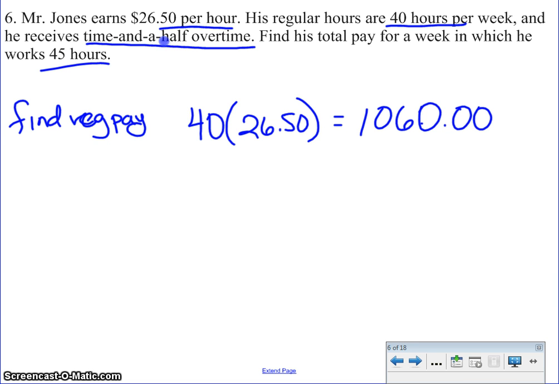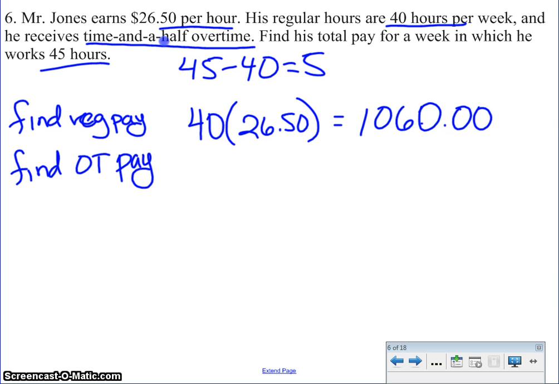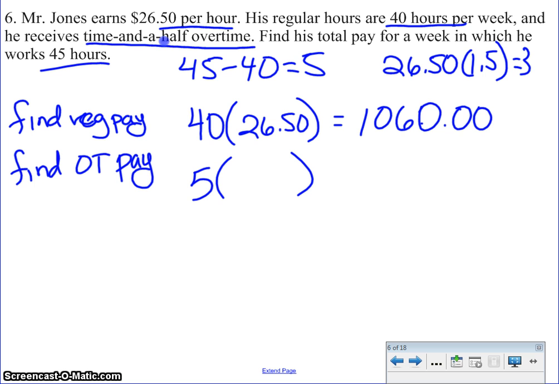Next, we see that he worked 45 hours, so now we have to find his overtime pay. Well, we've already accounted for 40 hours, so 45 hours that he worked minus the 40 we've already accounted for. We're looking at 5 hours at whatever the overtime rate is. To get the overtime rate, we're going to take the regular rate, which is $26.50. And again, it says he receives time and a half. So we're going to multiply it by 1.5, and we get $39.75.